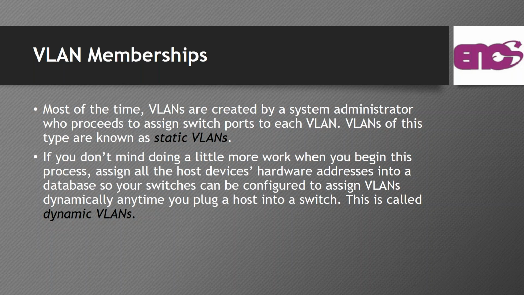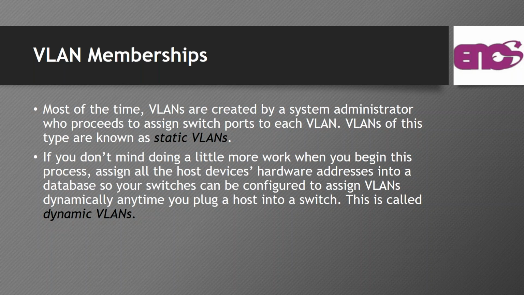So in a switch, you're able to have multiple VLANs. I can logically create multiple VLANs on a switch, and each person within the same VLAN will talk to each other as though they are physically in the same network, while people on different VLANs will not be able to communicate with each other because they are on different VLANs, except I introduce a router that will do what we call inter-VLAN routing, which means one VLAN communicating with another VLAN.